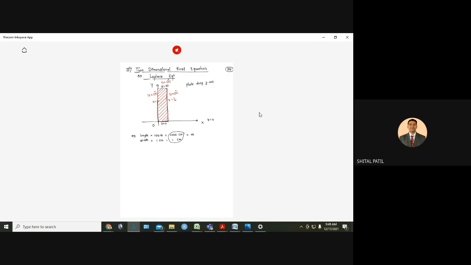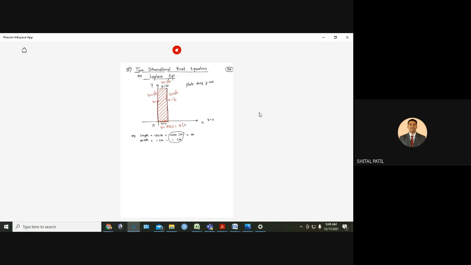Whereas temperature along this edge is a functional value, that is equal to f of x. In fact, we can write like this: u of x, y. X is changing: x equal to 0 here, x equal to 1 here, x equal to 2 here, x equal to 5 here, for example x equal to L here.